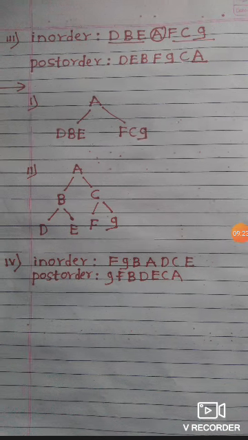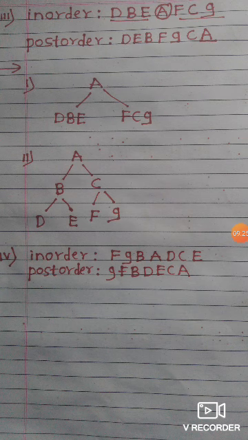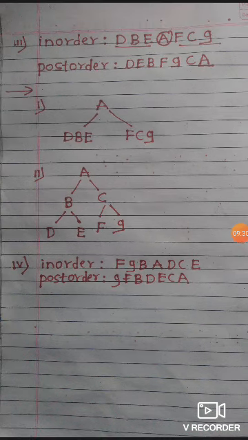Now I am moving towards the second step. Out of D, B, E, I check which character appears last in the post order sequence. Out of D, B, E, B is the character which appears last in the post order sequence.